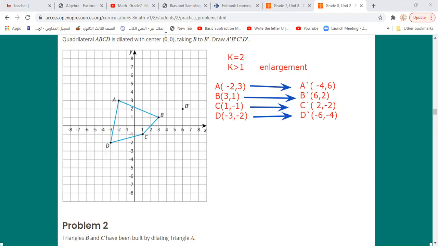Now we want to plot the points on the graph. A prime is -4 and 6. So I will go to -4 and then move up to 6 and put the point. It will be A prime.